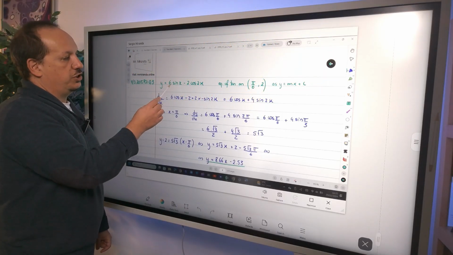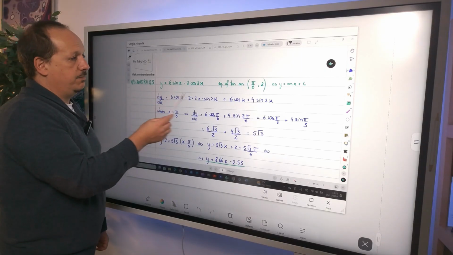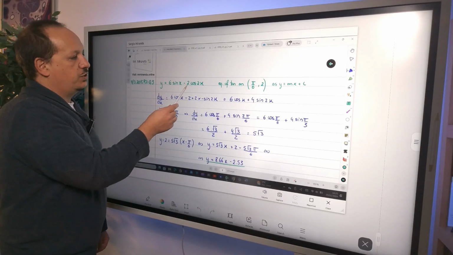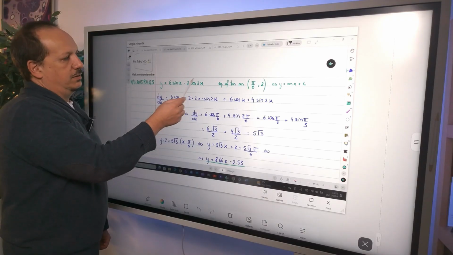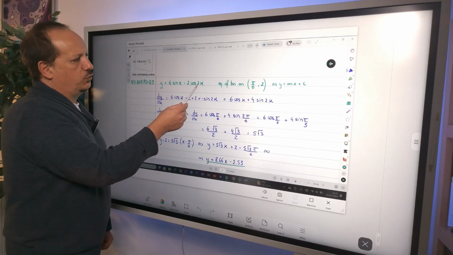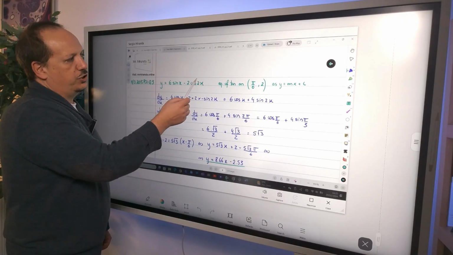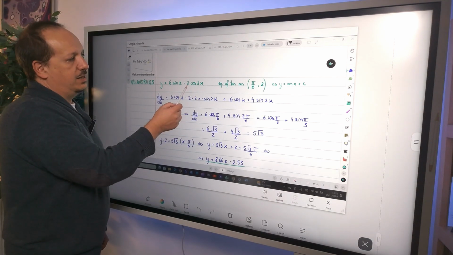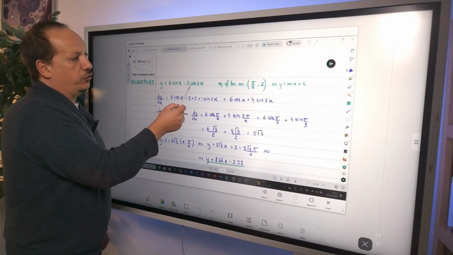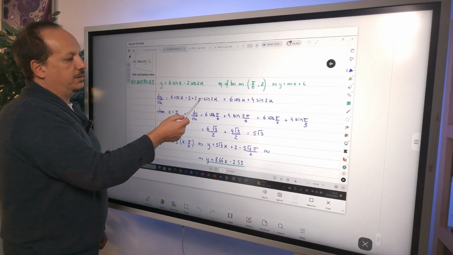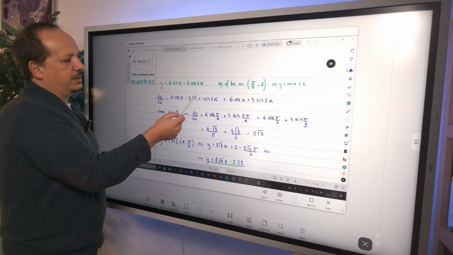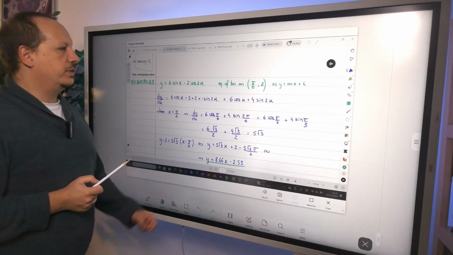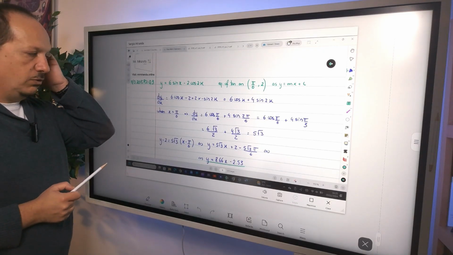The differentiation of the sine is a cosine, okay? Minus 2 times differentiating cosine of 2x. You first have to differentiate the inside, which is just 2 times. If you differentiate the cosine, it's going to be minus sine. This minus and this minus will yield a plus over there. So the result is that over there.